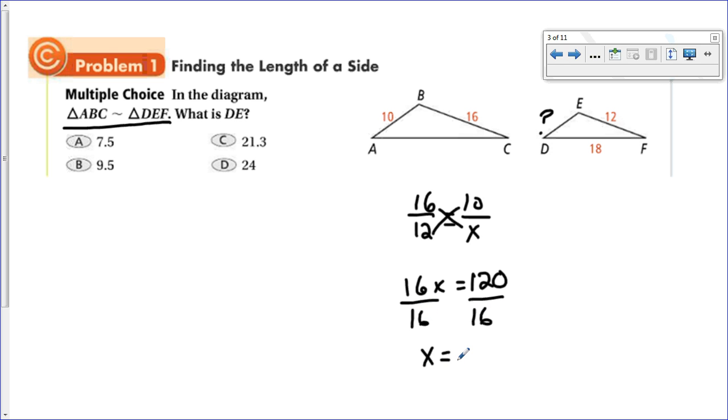And 120 divided by 16 should turn out to be, I gotta do some quick math right here, 7.5.